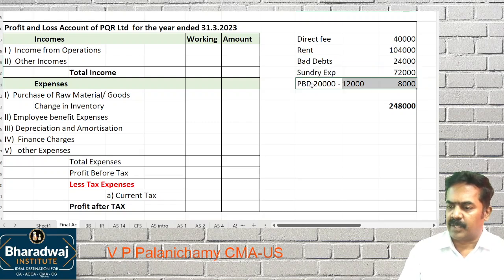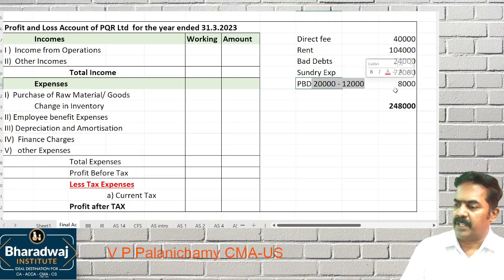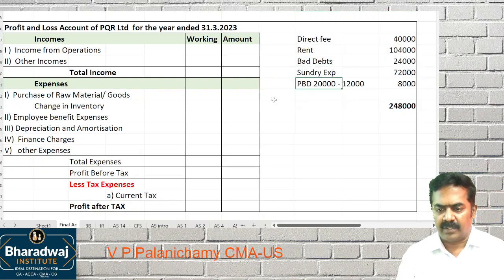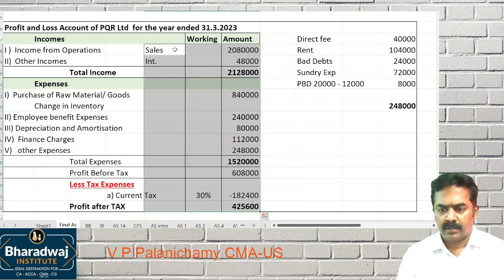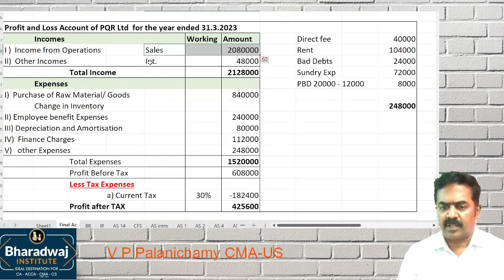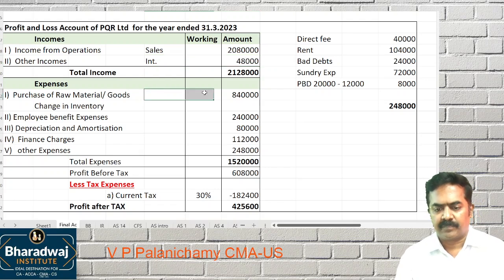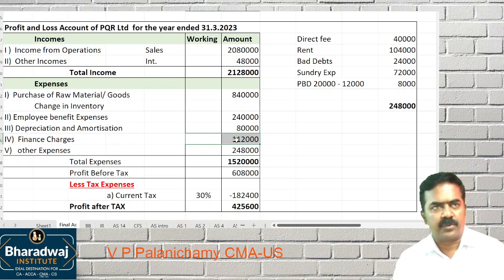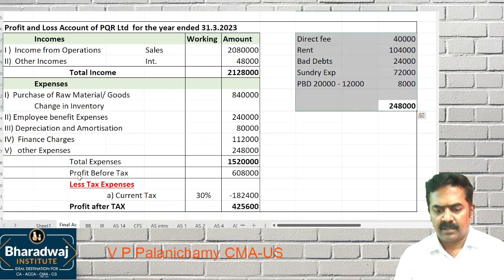Provision for bad debts required is 20,000 minus opening balance 12,000, so 8,000 will come. 2,48,000. When you fill, sales will be income from operation. Interest will be shown in what? Other income. Purchase of raw material is given. Then employee benefit expenses, nothing but salary. Depreciation is given. Interest and finance charges are given in the question. Other expenses, working note we have done. PBT minus tax will give us which one? PAT.